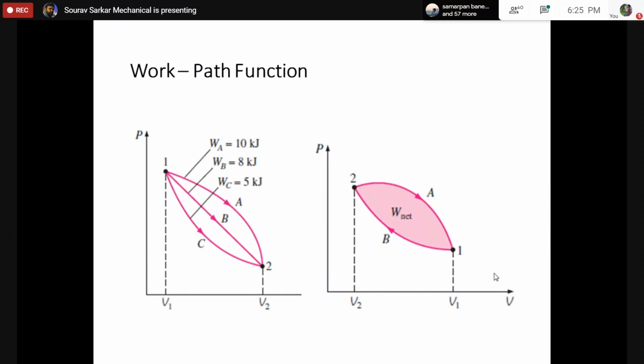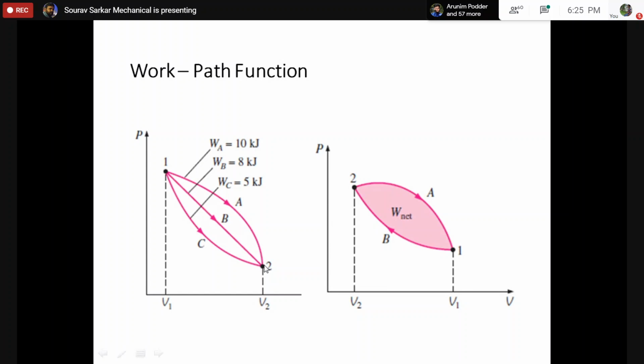If I go to the next slide, another important thing is that, as we know, work is defined as the area under the path. If I consider two points, 1 and 2, and you go from point 1 to 2 following a path A. Suppose you are at Ruby Hospital and point 2 is your university.